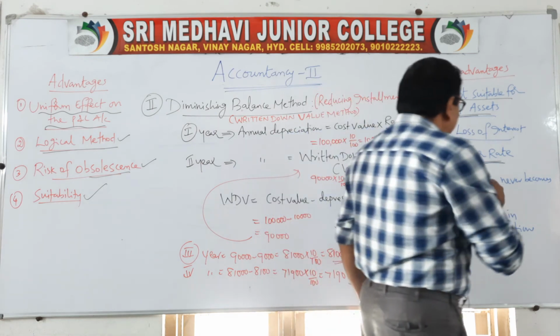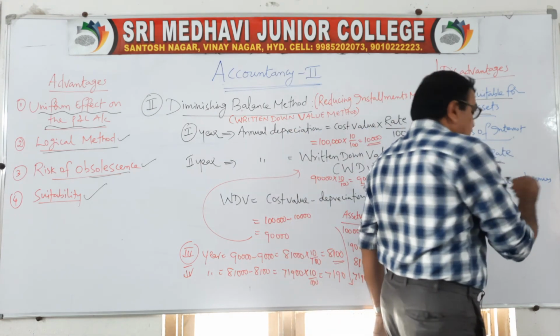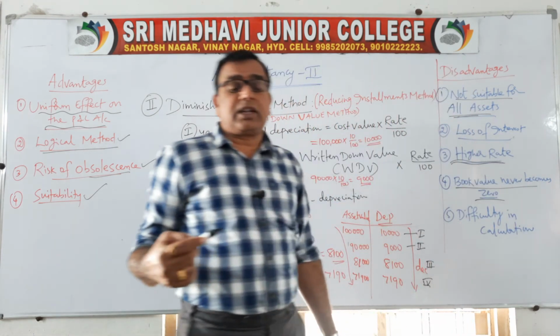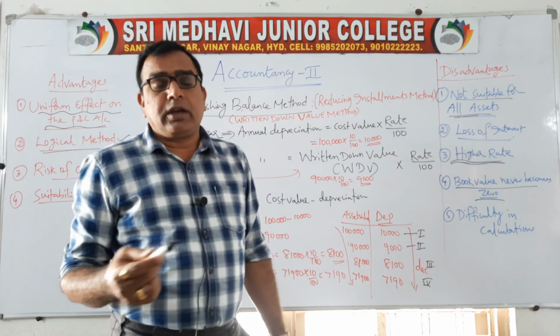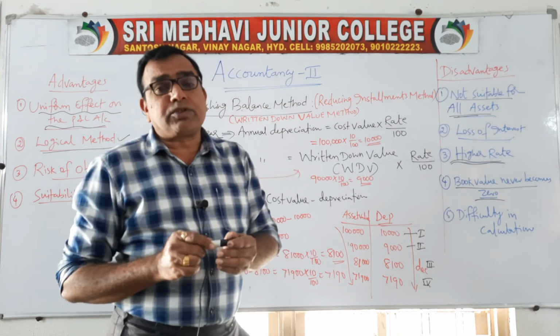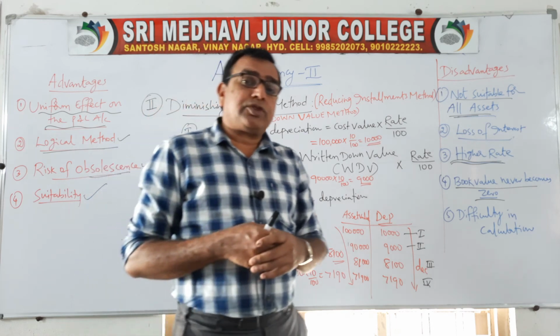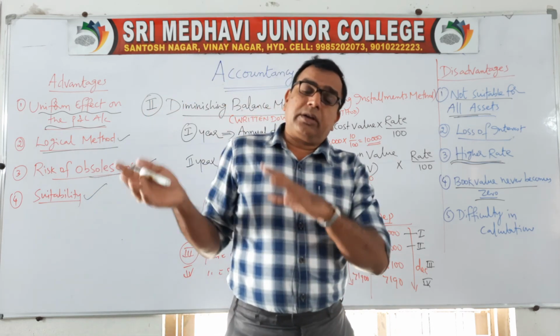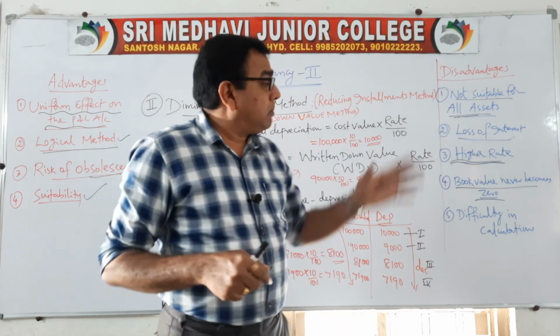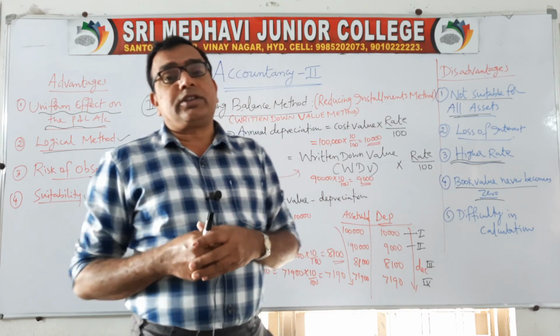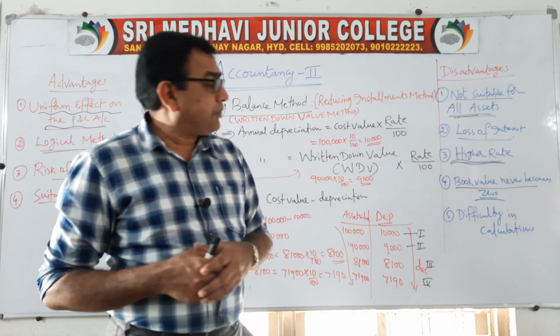Next, book value never becomes zero. After using the asset for certain years, maybe 10, 15, or 5 years, as the machine becomes obsolete, the book value must become 0. As per the straight line method it can be brought down to 0, but using the diminishing balance method it is not possible to make it 0.